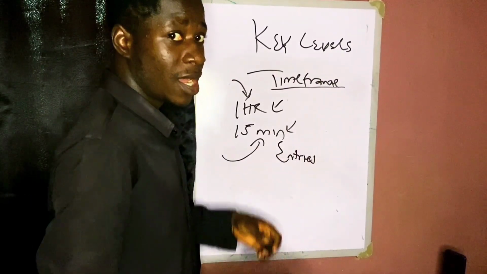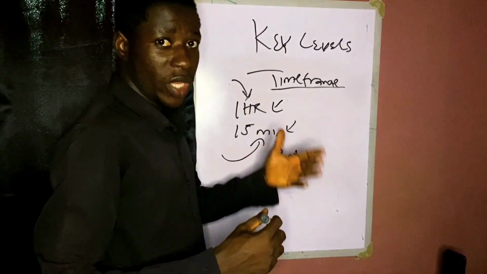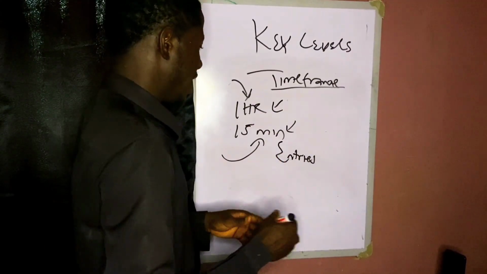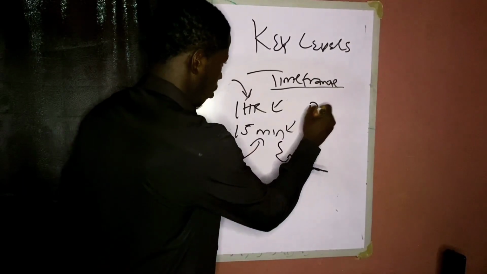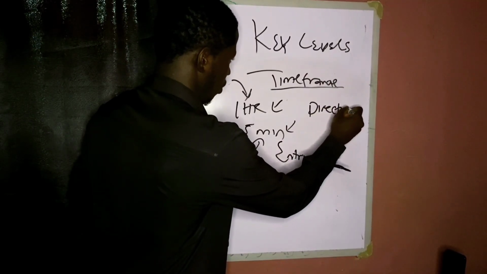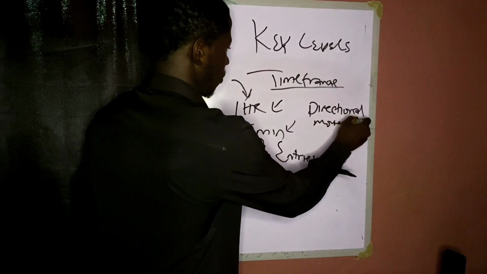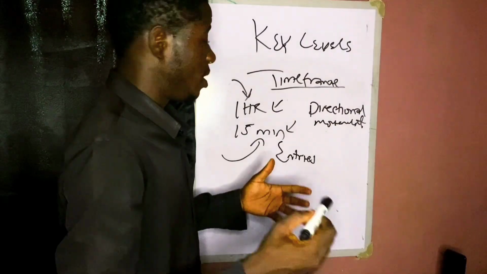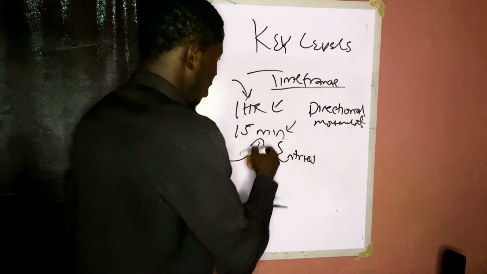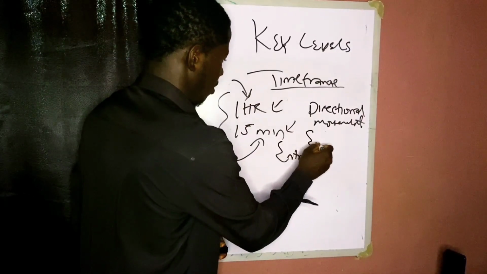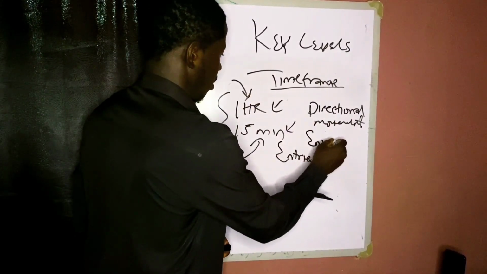So remember, the higher time frame, like the weekly, the daily, and the 4-hour chart, is what we use to identify directional movement of the market, right? Directional movement, which is considered to be our higher time frame, and lower time frame like this is considered to be for entries, right? Take note of that, right?